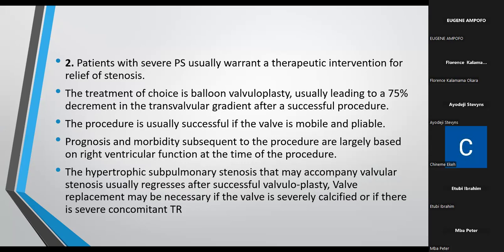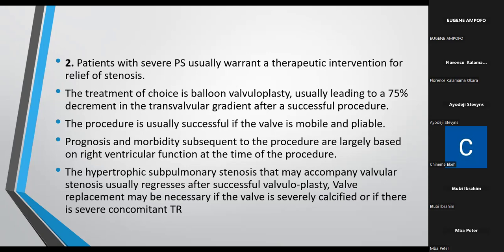The procedure is usually successful if the valve is mobile and pliable, as opposed to calcified. The prognosis and morbidity subsequent to the procedure are largely based on the right ventricular function at the time of the procedure.